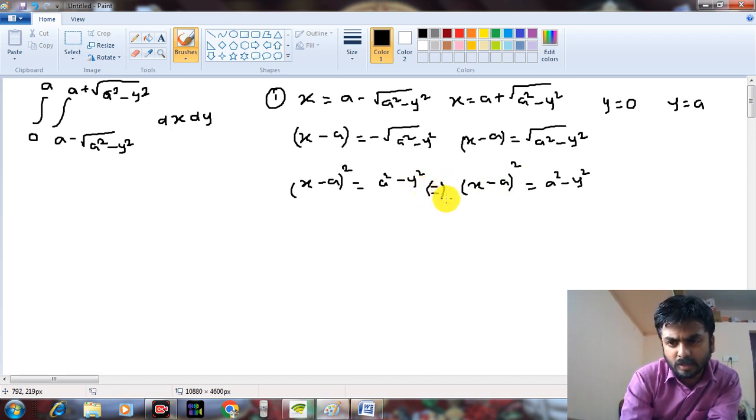So we can write it as a single equation, x minus a the whole square plus y, which can be written as y minus 0 the whole square, equal to a square.